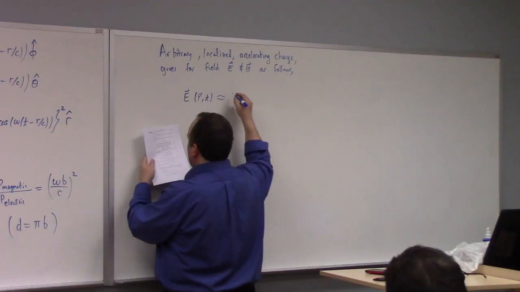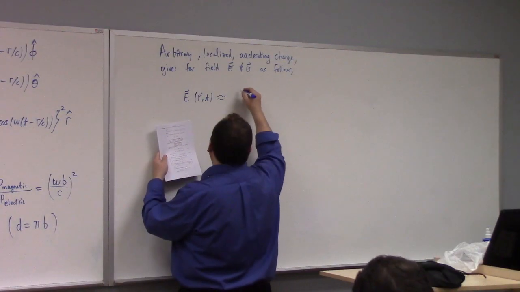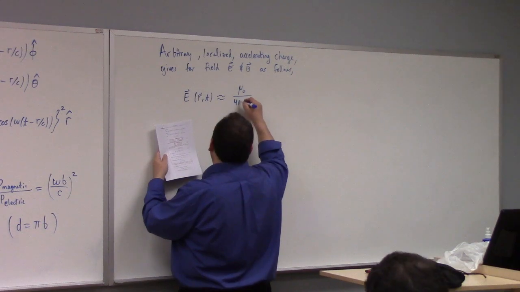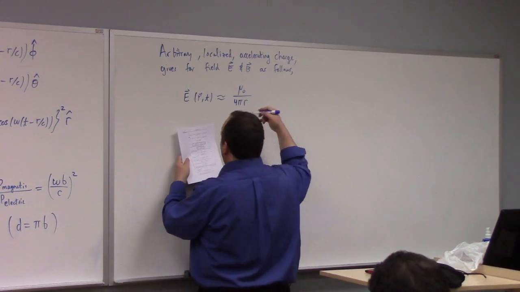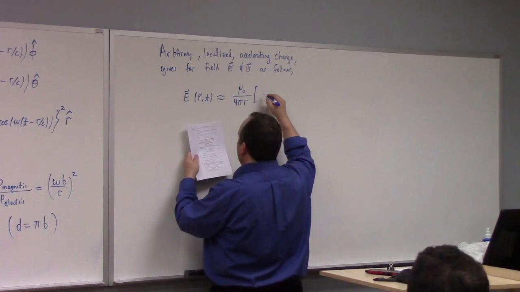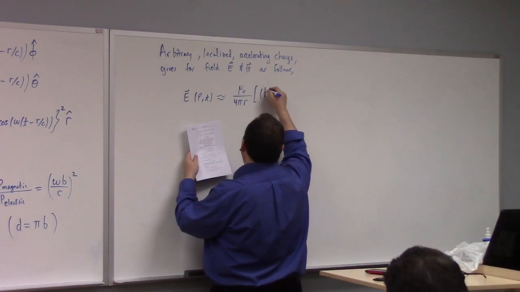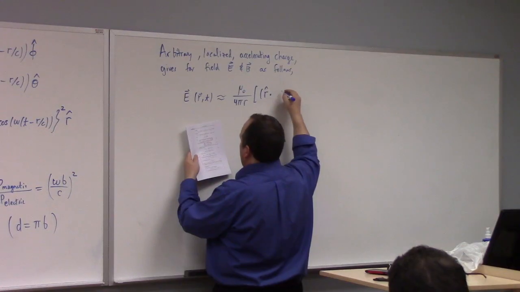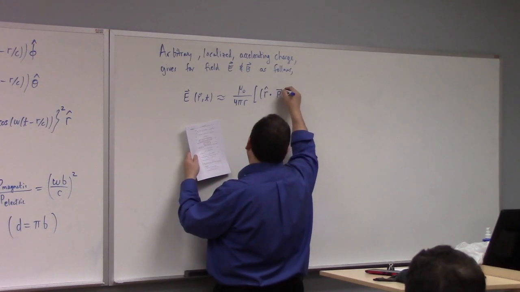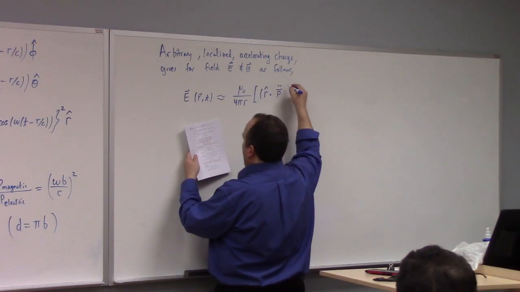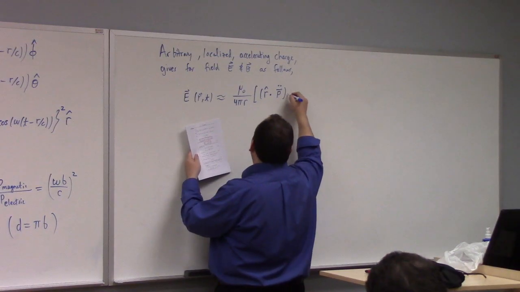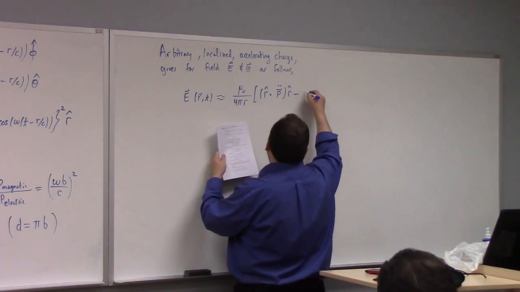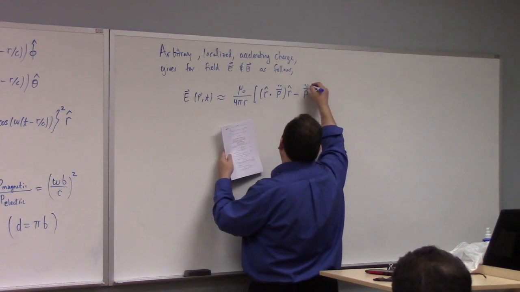So the electric field is something like mu naught over 4 pi r. The mu naught there is weirding me out. R hat dot, I don't know what's a good notation for this, but I'm going to do P vector double dot R hat minus P vector double dot.